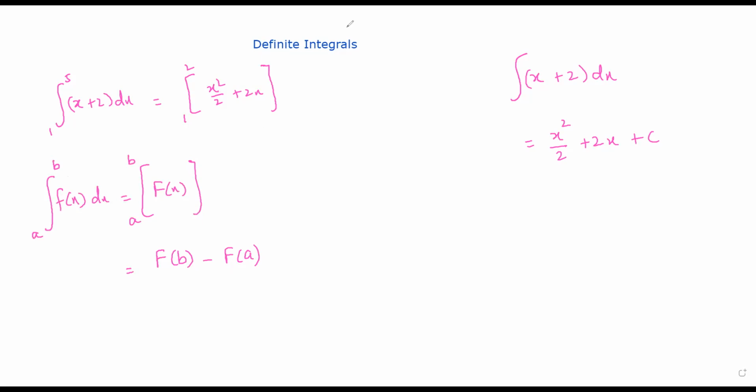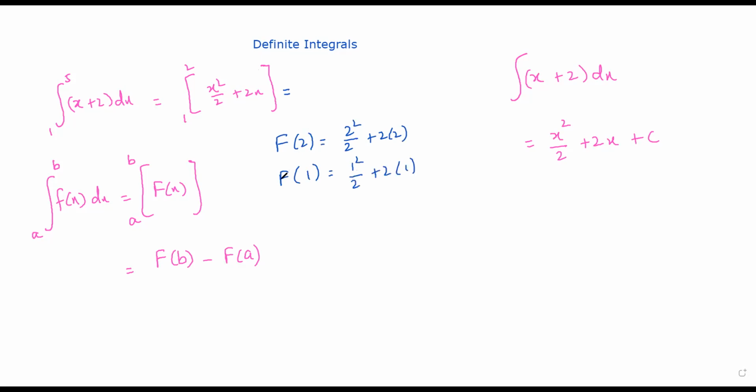If you see here, when you integrate this, and this is your F of x, you will find F of 2, that would be 2 square over 2 plus 2 into 2. And then your F of 1 would be 1 square over 2 plus 2 into 1.